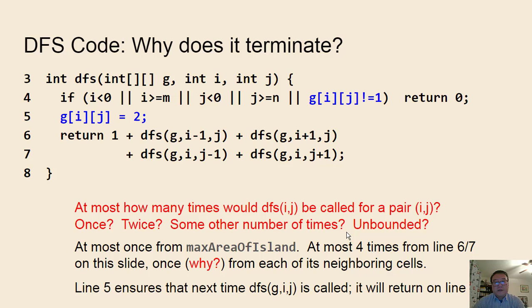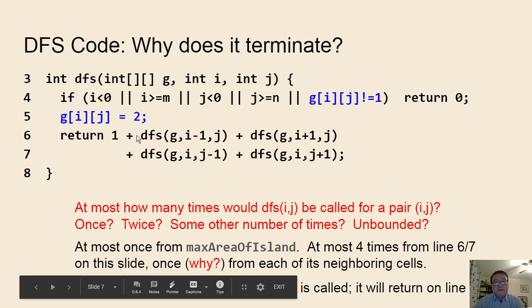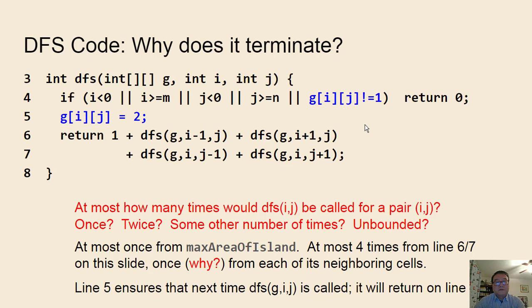But it can also be called from DFS, at most 4 times, basically by its 4 neighbors. While we are visiting its 4 neighbors, we may call this DFS with this ij. So it will be called at most 5 times. Therefore the complexity of DFS will be linear in the size of the grid.